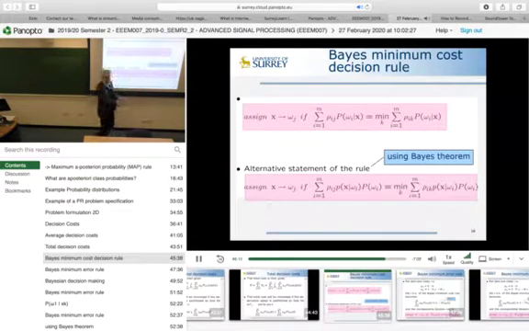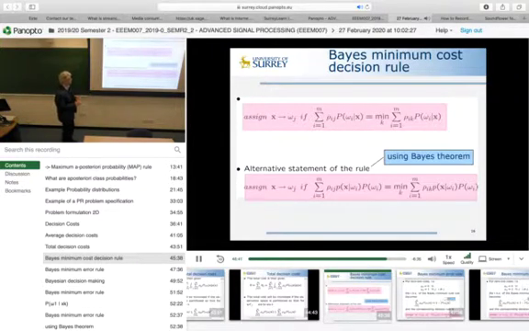Basically, this just says, choose to assign it to the class so that if I came from any of the possible classes that could have happened and given me that observation, the average cost of making that assignment and making the mistake is the least out of all the assignments I could have made. If you like, it's a sort of most protective thing. It's saying, I want to minimize the cost of making these errors.